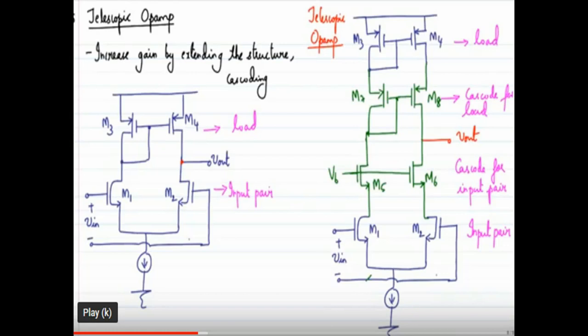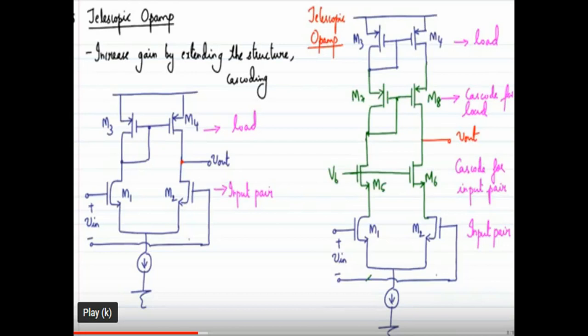The load is PMOS, so it is cascoded with PMOS transistors. That is the cascoding: cascode the input pair and load pair with the same type of transistors.